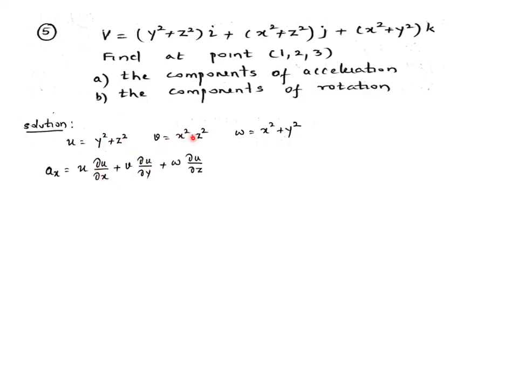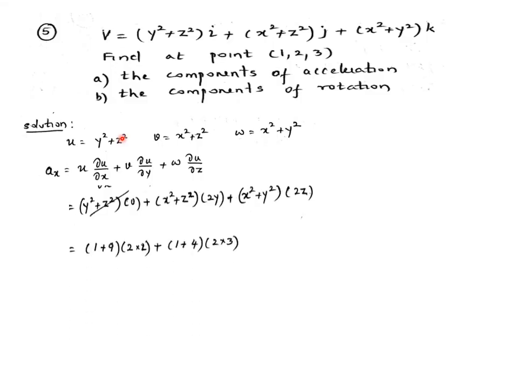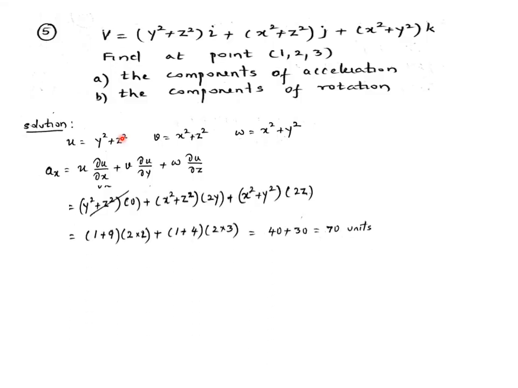Take v, which is x² + z², and differentiate u with respect to y, it will be 2y. Take w as x² + y², and differentiate u with respect to z, which will be 2z. Now substitute x = 1, y = 2, and z = 3. After substitution you get something like 70 units, which is meter per second square.